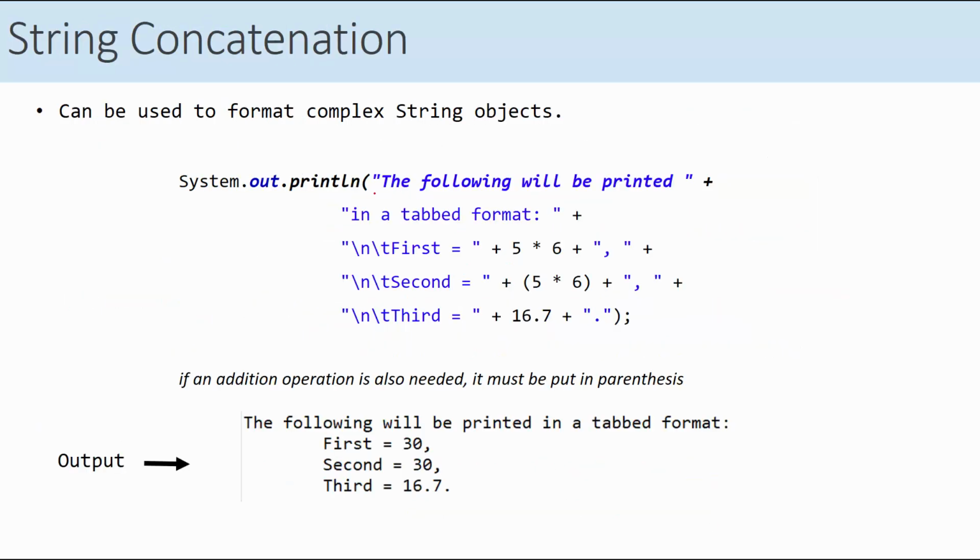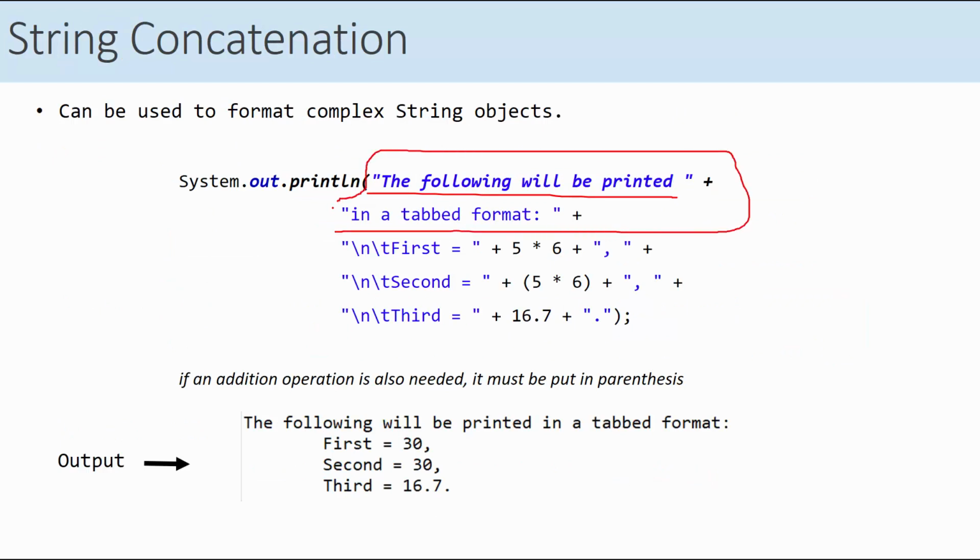Same thing here. This is a multi-line string. The first two are on one line, as you see in the output here. They are just broken down into two strings. Then you see a new line character and a tab, new line character and tab. So this is the output that you would expect from this code.